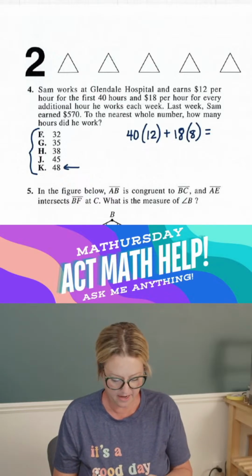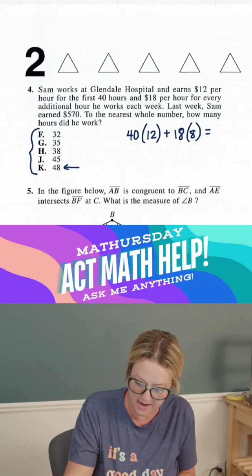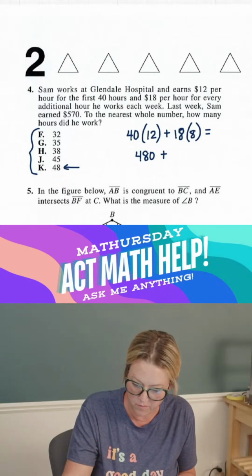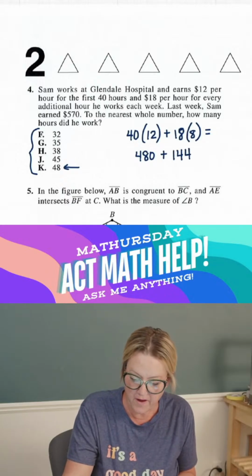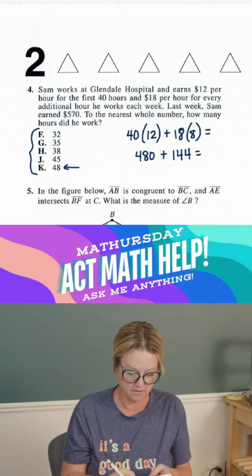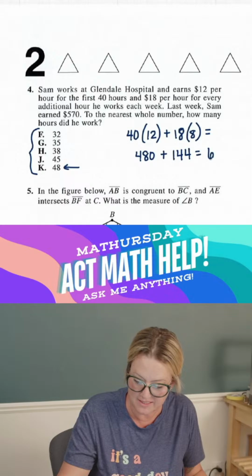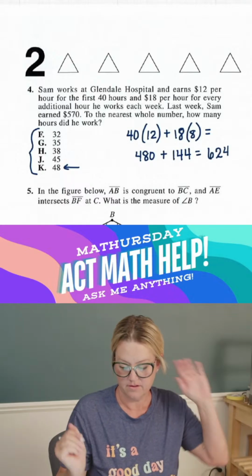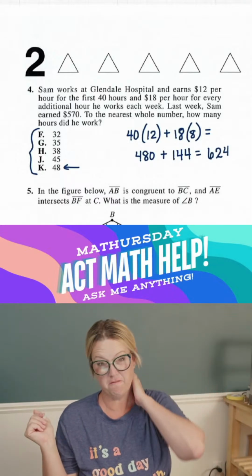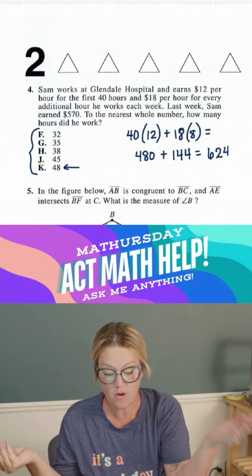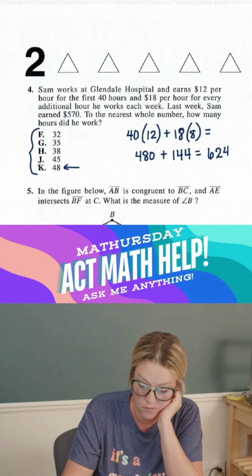Okay, 40 times 12 is 480, and 18 times 8 is 144. If I add those together, I get 624. So that's a little too high, about $54 too high.